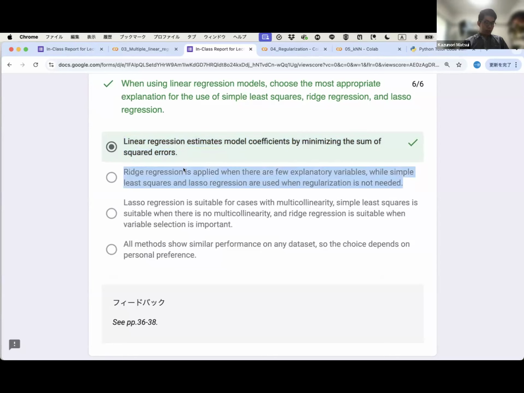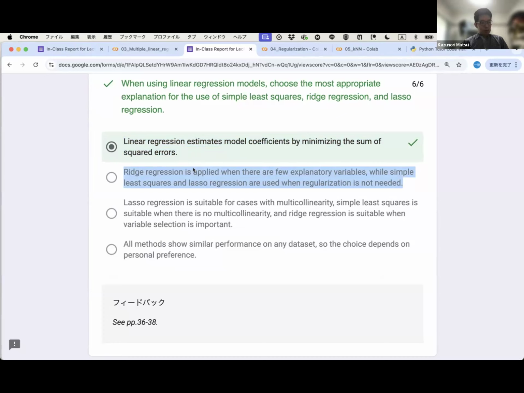The next option states that ridge regression is applied when there are few explanatory variables, while simple least squares and lasso regression are used when regularization is not needed.